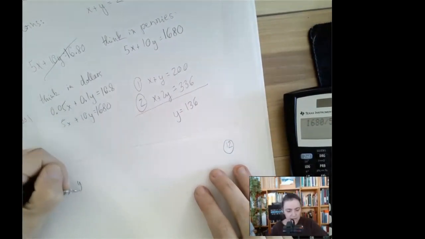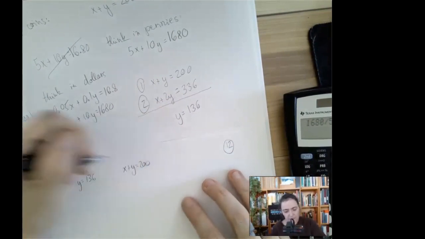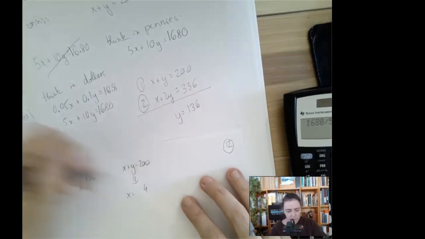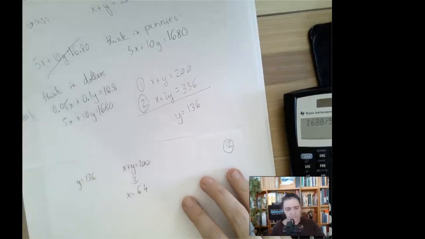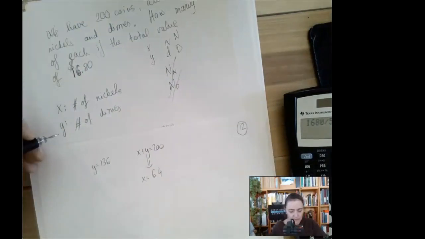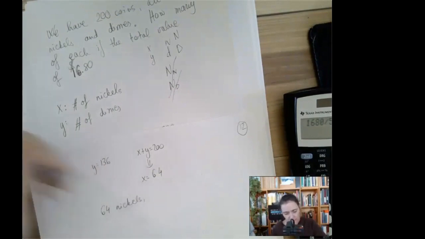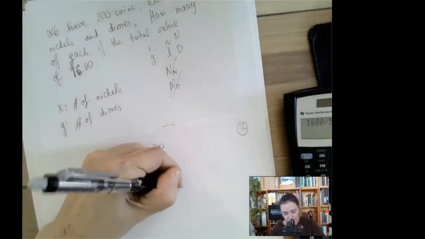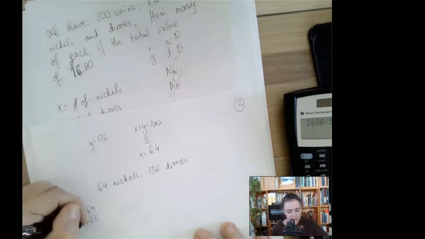And then if y is 136 and x plus y is 200, then x is 64. So we think that there are 64 nickels and 136 dimes. So let's check: 64 plus 136, that is 200.